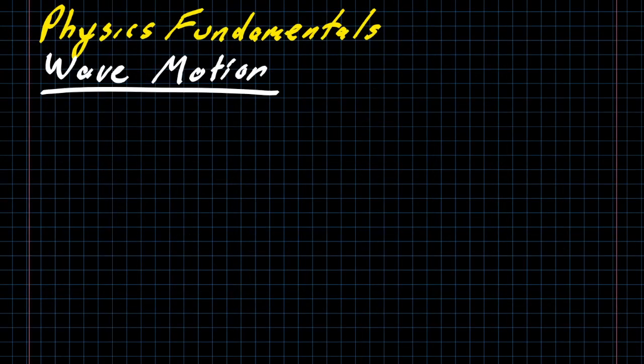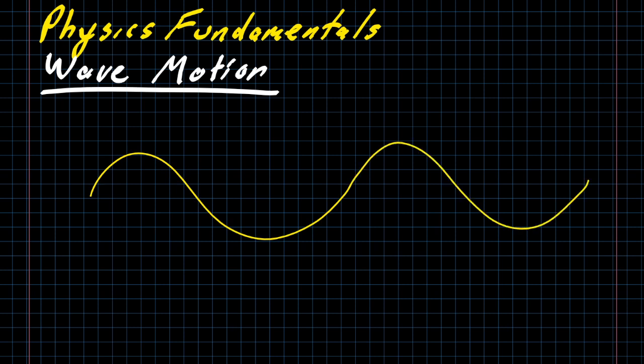A little bit more vocabulary of waves. If I go ahead and just trace out, let's try a little bit nicer. That's a little bit nicer. All right, this is one period of the wave motion.